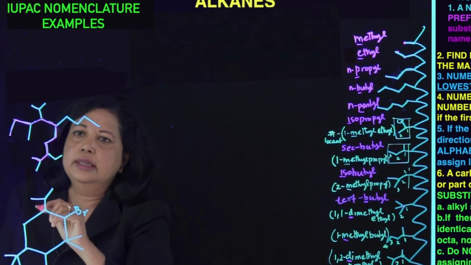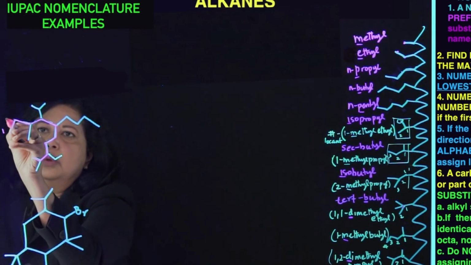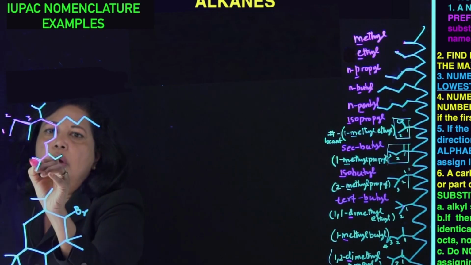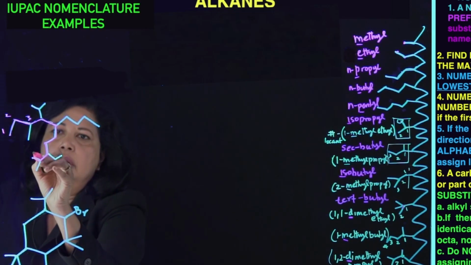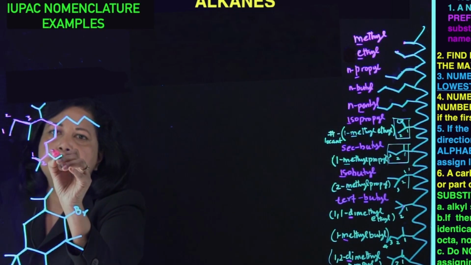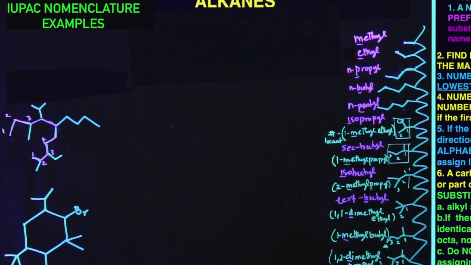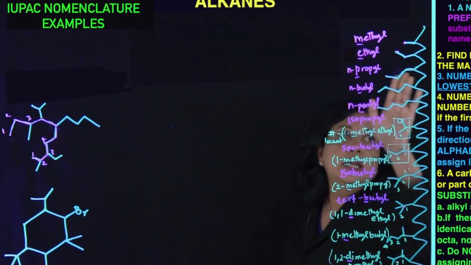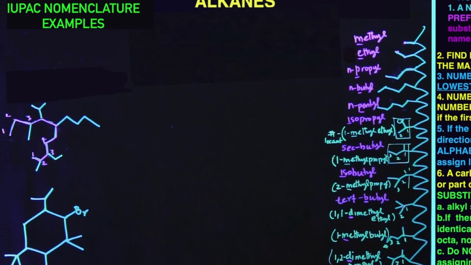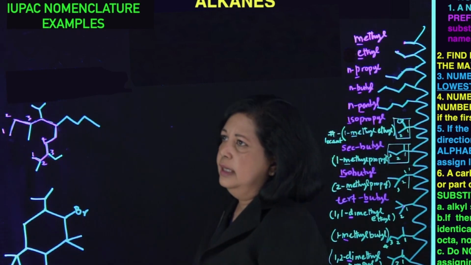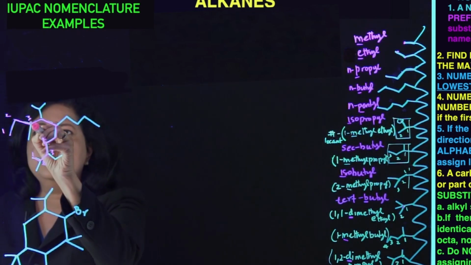Next is where you start numbering. Do you start numbering 1, 2, 3, or 4 and so on, or from the other end? Well, look at the rules. It says longest chain, maximum branches. We did that. Number the parent to give the lowest number to the first substituent. There you go. So here you're hitting your first substituent on 3.